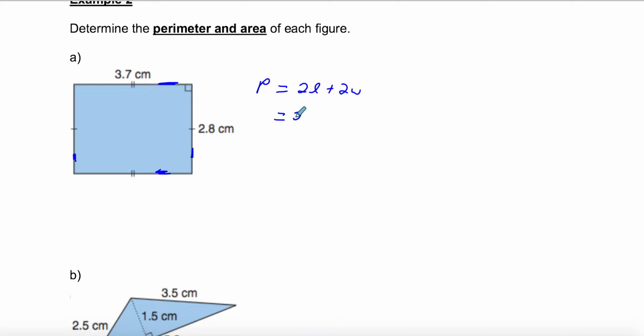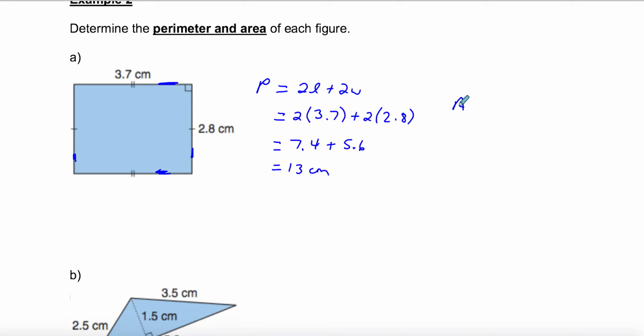It doesn't matter if I write the 3.7 first, or the 2.8 first, and then there's 2 widths. So I would multiply those first and get 7.4 plus 5.6 and add it up. That's 13 centimeters. And that's the perimeter of the first shape.